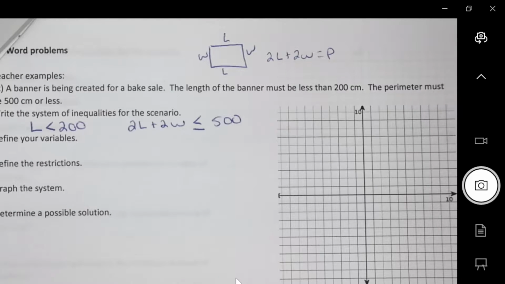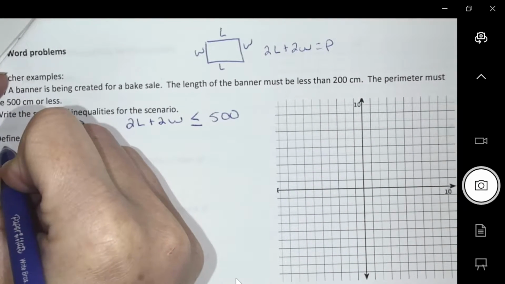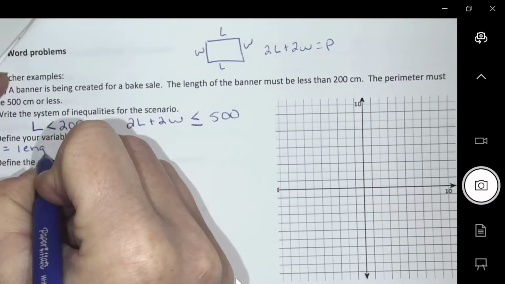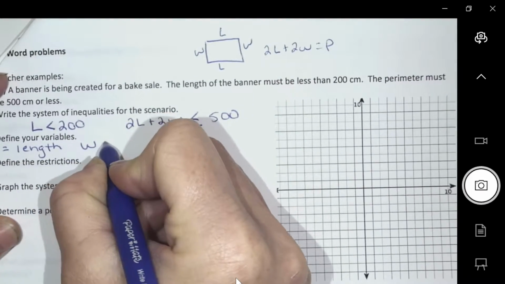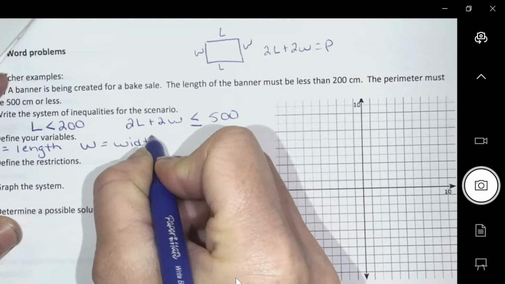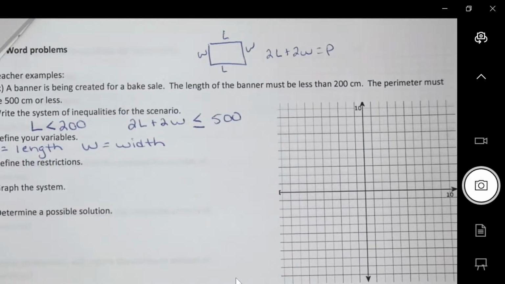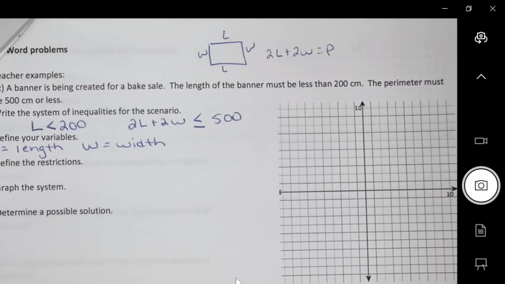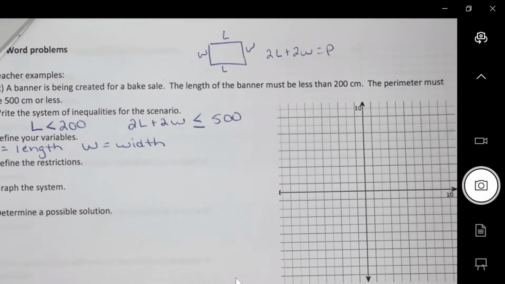Okay, define your variables. So we used L to show our length, and we used a W to show our width. So that's what my letters are. Now, are there any restrictions?